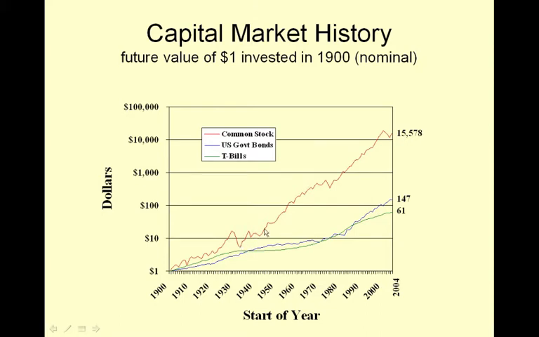We can see another dip over here, which was the stock market crash that occurred in 1987. And then finally, the dip that occurs right toward the end of the time period is the stock market crash that occurred roughly starting in 1999.